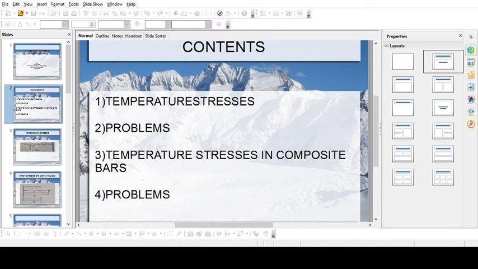So the load is more when there is no yield, and the stresses developed are also very high. If it is with yield, then the stresses developed are less, and the effect of the load or the pull is also less.